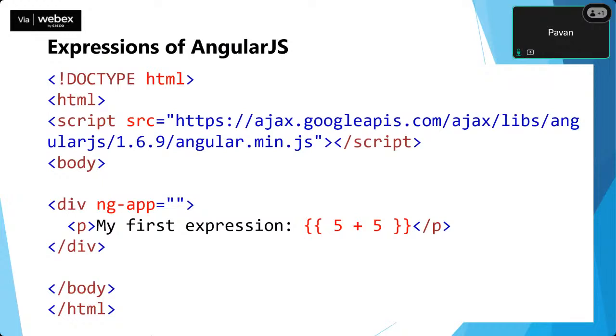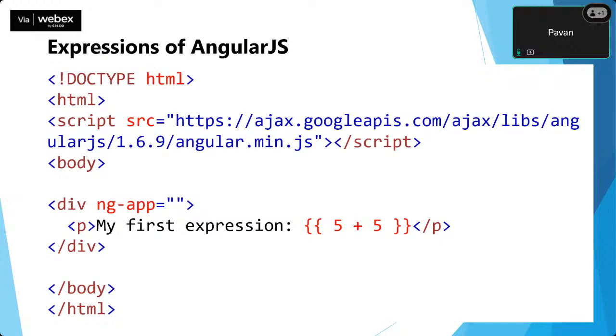Inside the p tag, we have written my first expression, that is 5 plus 5 inside two curly braces. So what will be the output is 10. My first expression 10. It won't print these in that specific way. It won't print curly braces 5 plus 5. Instead of that, it will print 10. Okay. I hope you are getting it.